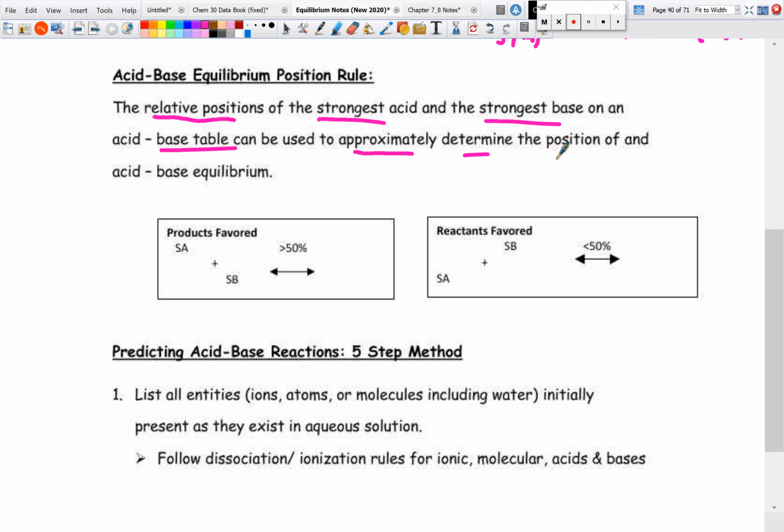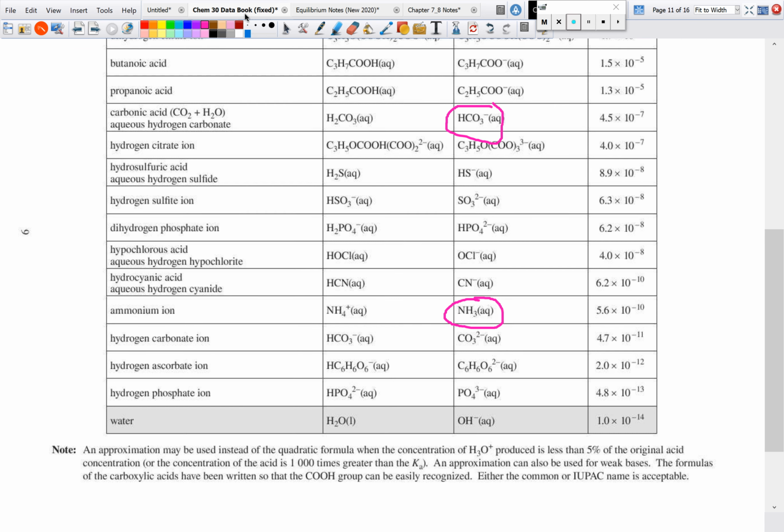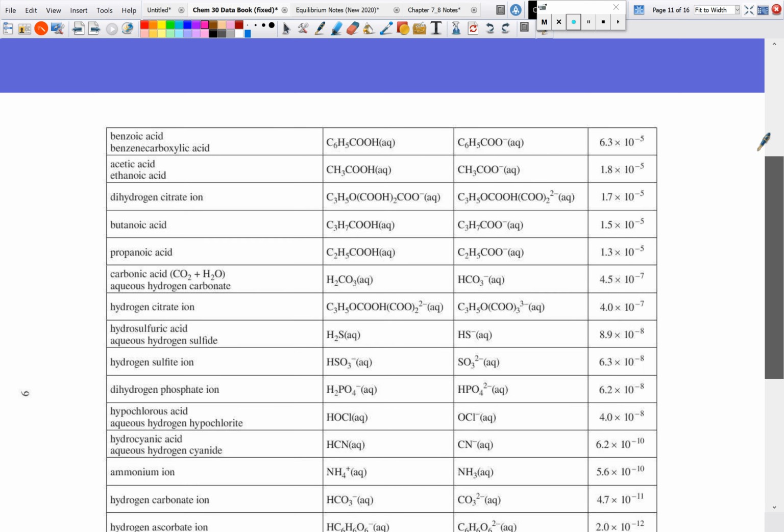Now we've done this in our equilibrium unit by using the percent reactions, or remember when we had like Kc is greater than 1, so products are favored, Kc is less than 1, reactants are favored. And this is all we're doing here. So in our table, if our strong acid is above our strong base, the products are favored, or the reaction percent is above 50%. So that means, for example, in our data booklet, let's just say you can pick any old ones right here.